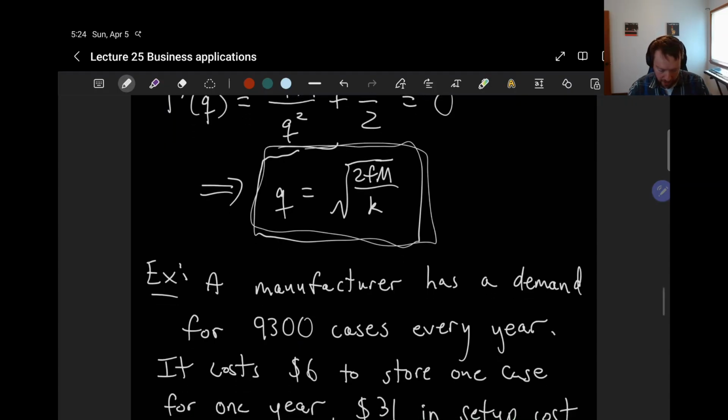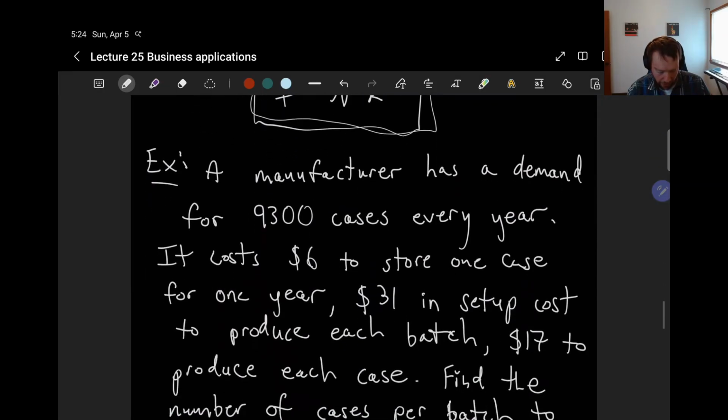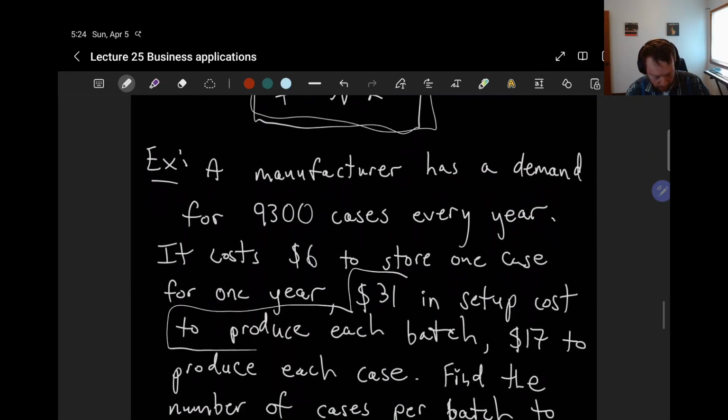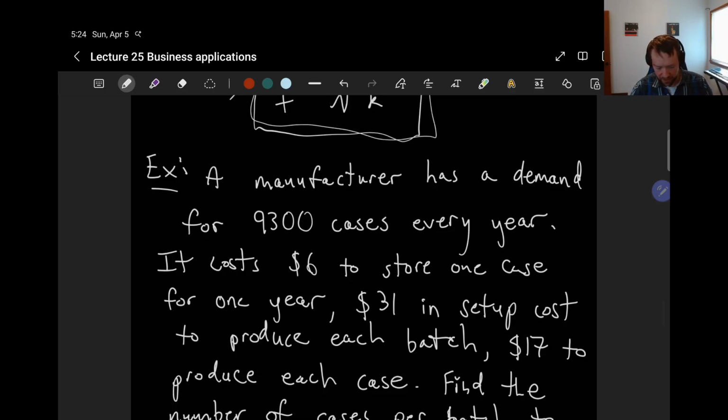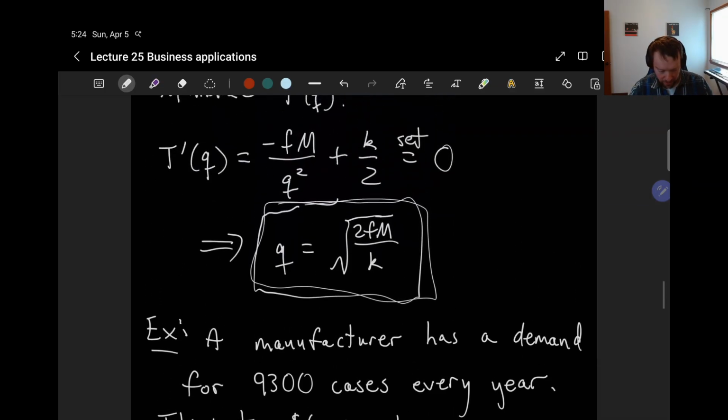So when we're doing the manufacturing, F is the setup cost for producing each batch. But in the case of like a restaurant ordering supplies, then that is analogous to the cost of ordering something. So it's pretty similar, but just that slight difference.